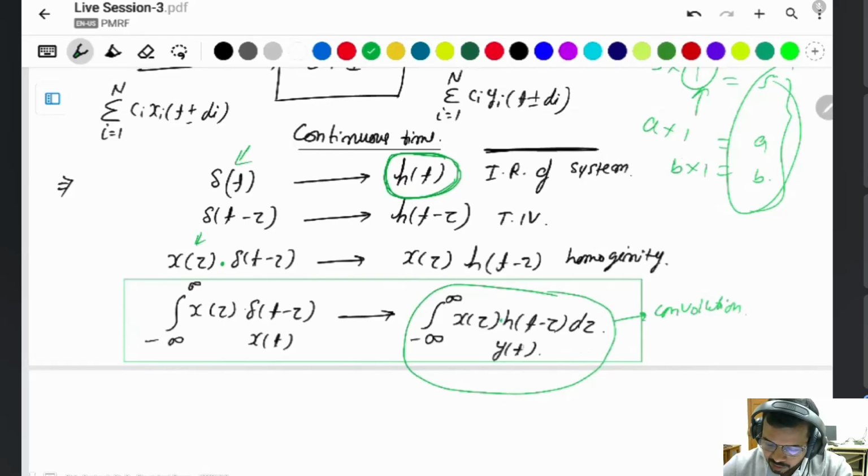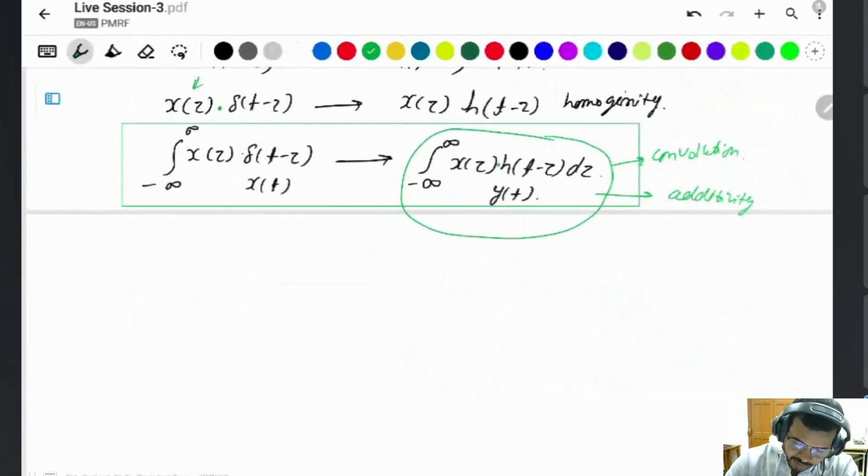This is also additivity, you can say. By integration in continuous time, you add all of the things. In discrete time, you sum all of them. In continuous time it is integration, the same as summation in discrete time. Same thing for discrete time.